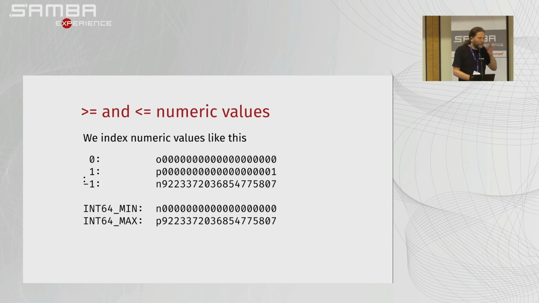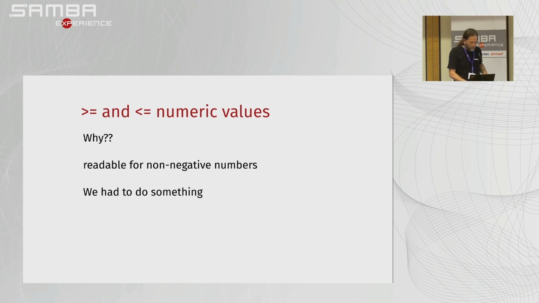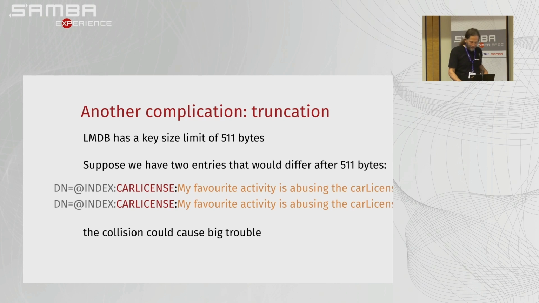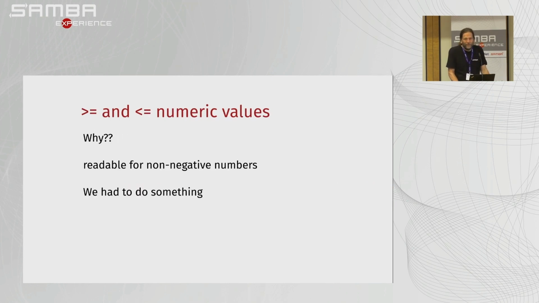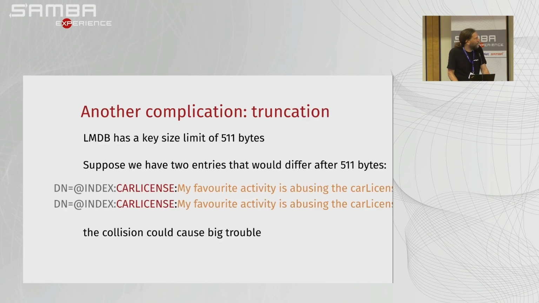And that makes it all sort. So if you're reading it, you can read it well until you come to a negative number, and then you're baffled. There are other things we could have done, but we couldn't really work it out at the time, and this one worked.